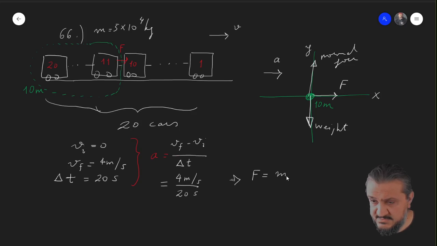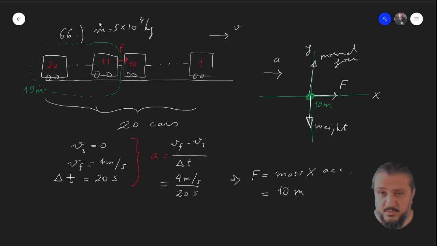Mass times acceleration, and the mass here is 10m, where m is 5 times 10 to the 4th, so 10 times that.